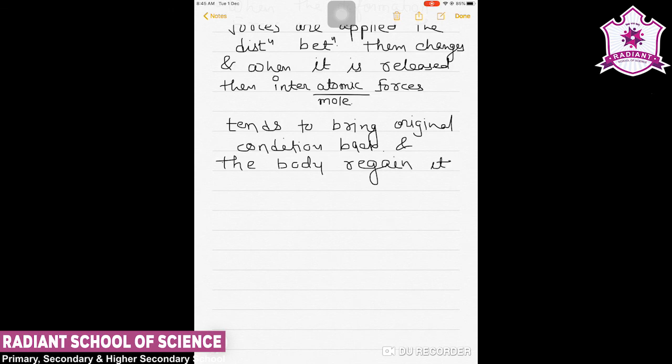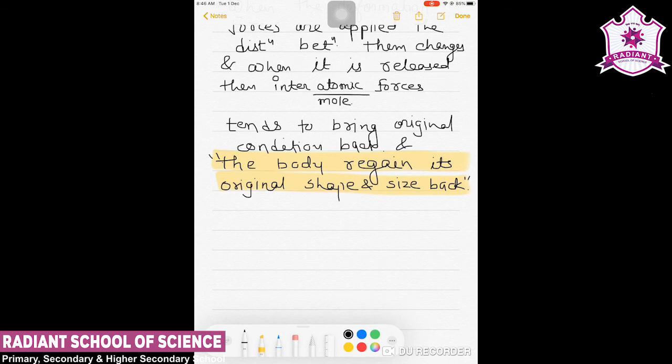So this is the process through which normal solids get their original shape and size back. The restoring mechanism can be visualized by taking a model of a spring-ball system.